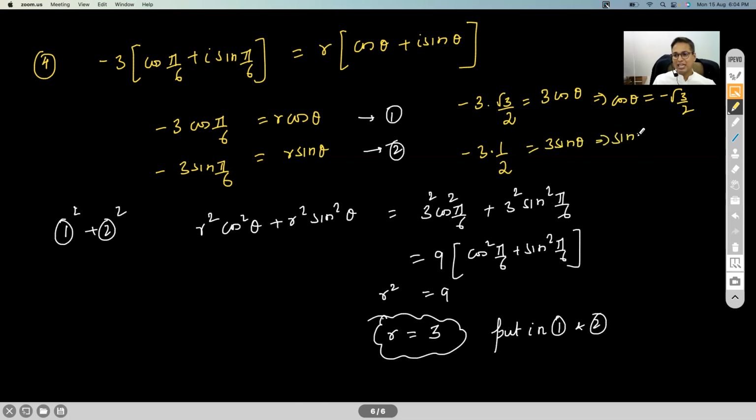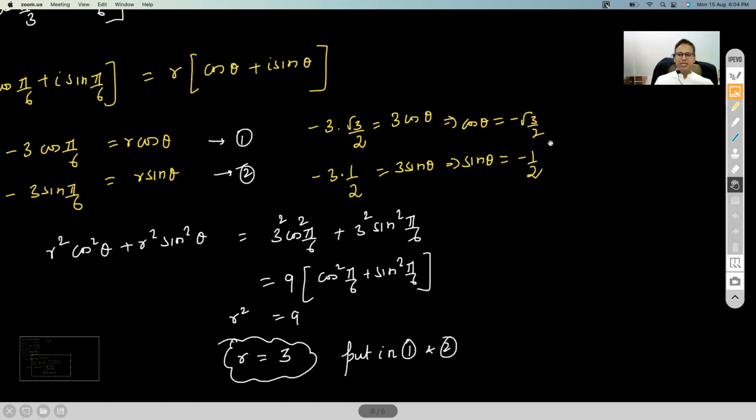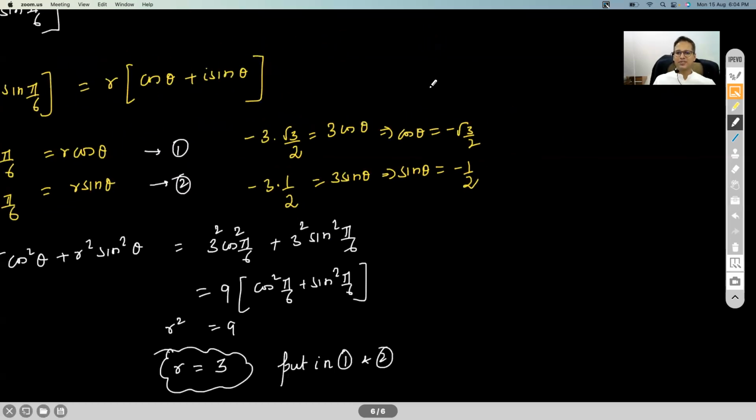That means sine theta is minus half. Now, what should be your theta lying between minus pi to pi for which cos theta gives you negative root 3 by 2 and sine theta gives you minus half? What is that theta? Obviously, the answer here will be minus 5 pi by 6. Is that fine? Any questions?